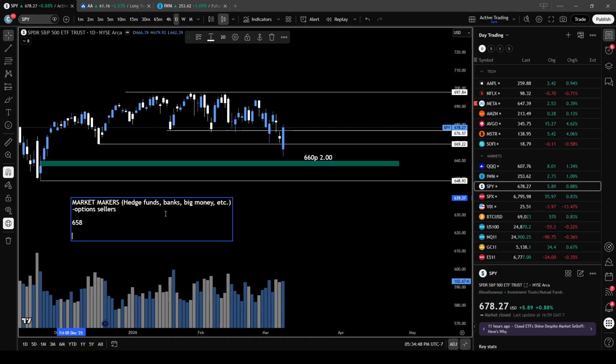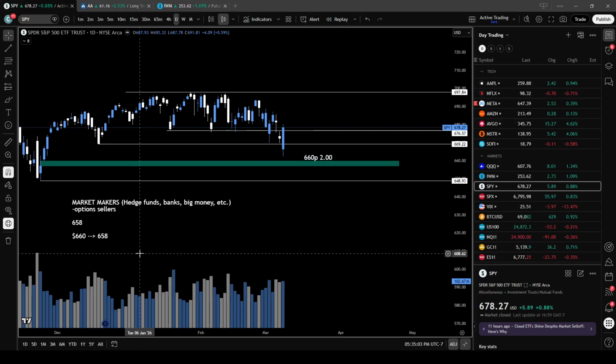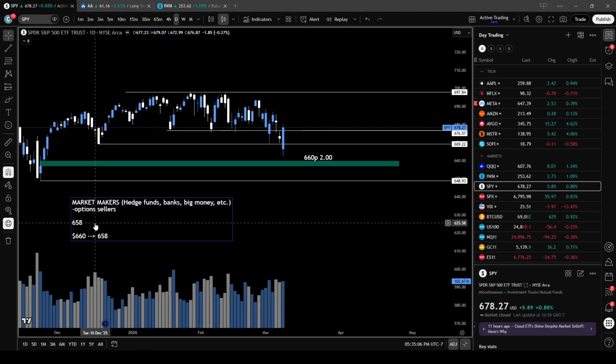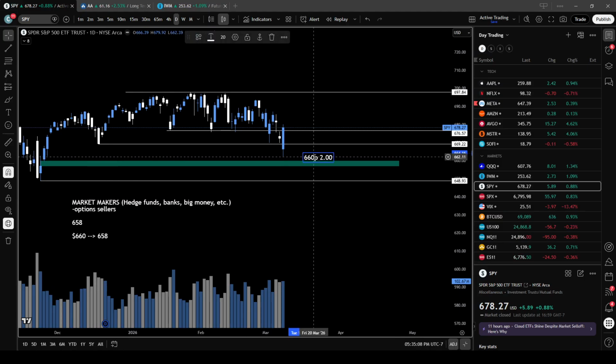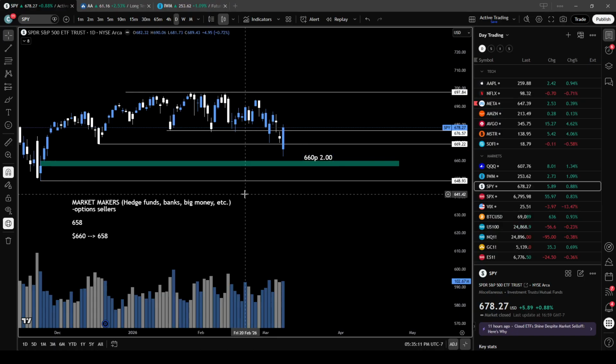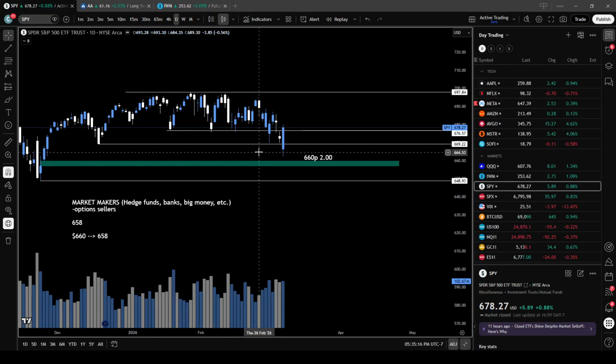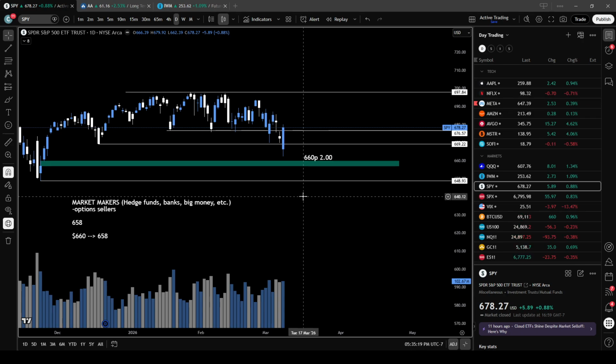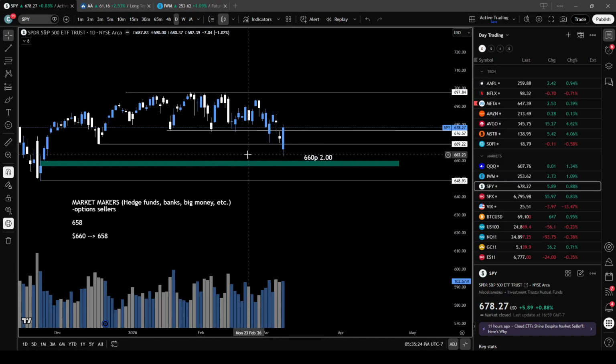The market maker has to buy it from you for $660 per share, even though price is at 658, because of the option contract. The strike price is what they're obligated to sell it for or buy it for. Even if it went all the way down to 640, you can sell it to them for 660 if you own that option contract. That's what options are.